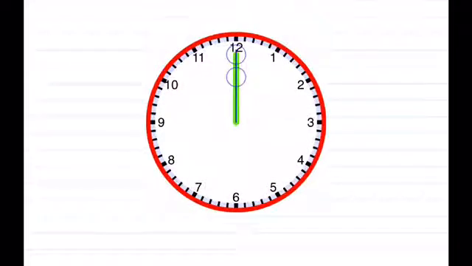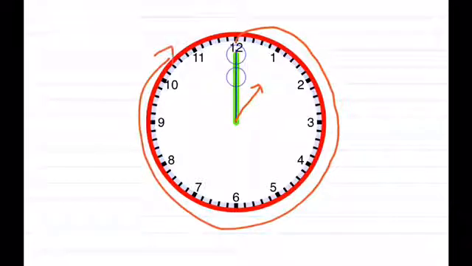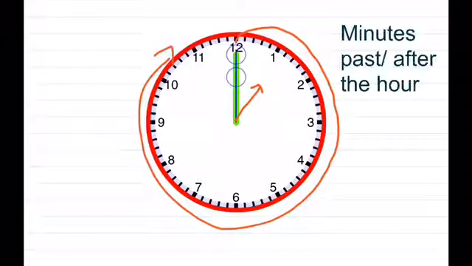Look at the set time on the clock. Try to do this in your mini clocks as well. What time is being shown on the clock? The time being shown is 1 o'clock. Moving the minute hand, following a clockwise direction around the clock, we can say that minutes have passed after the hour.